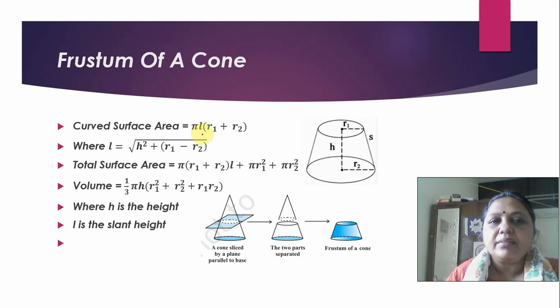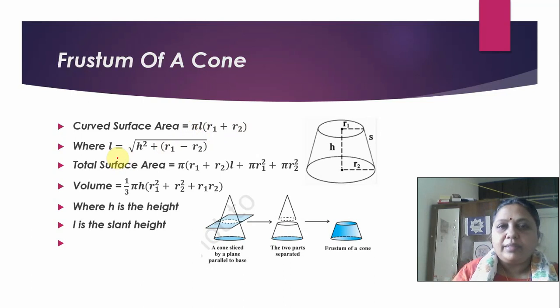Here r is r1 plus r2, the upper radius and the lower radius. So it is pi l into r1 plus r2, where the slant height l is equal to root of h squared plus r1 minus r2 the whole squared.